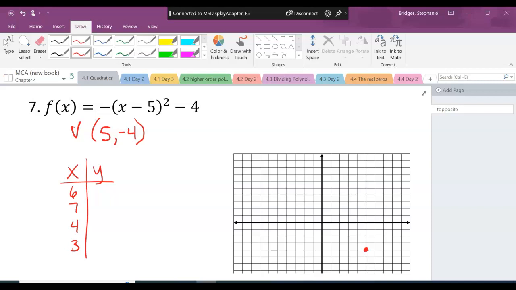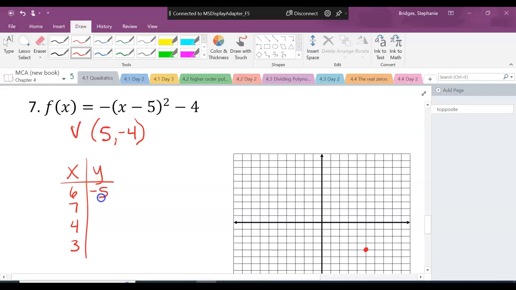Then we're going to do the same thing with the 7. We're going to work inside the parentheses first. Then we square. What's 2 squared? And 4 times a negative 1 is negative 4. And then what is negative 4 minus 4? Negative 8. Okay, so those should be the values that you got for 6 and 7.